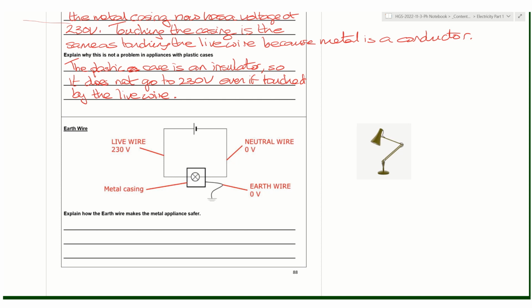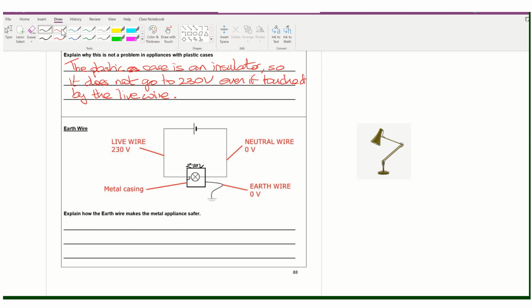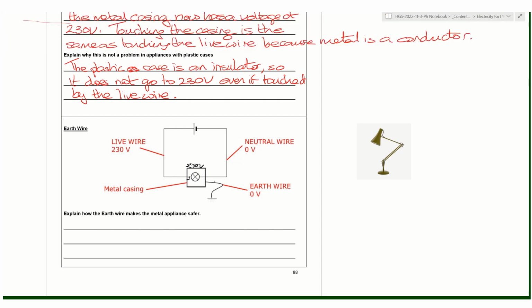So in this case, if there's a fault and for some reason the live wire was to touch the metal casing, which means the metal casing is now 230 volts and dangerous, and I try to touch it, instead of current flowing through me, current is going to flow through this earth wire into the ground.